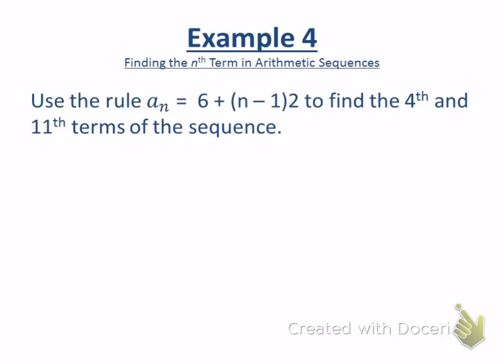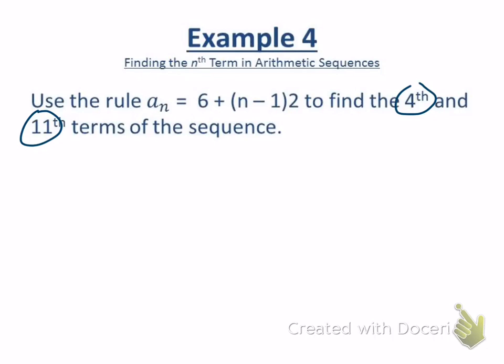Now this is giving us a rule. Use the rule a sub n equals 6 plus n minus 1 times 2 to find the fourth term and the 11th term of the sequence. Okay, tell me about this sequence. What do we know about it just from looking at this rule? What's the first term? 6. What's the common difference? 2.